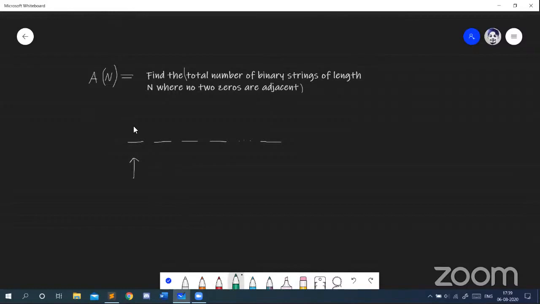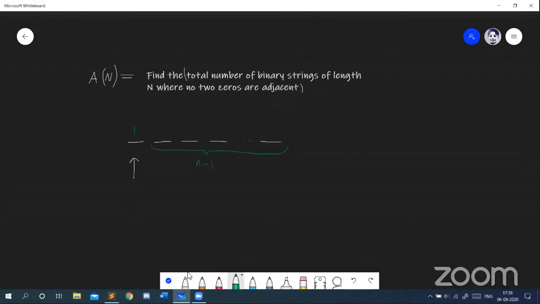So if I had 1 here, the problem just reduces to the number of binary strings of length n minus 1. I hope you'll agree. These are n minus 1 blanks because this in all is n blanks, right?